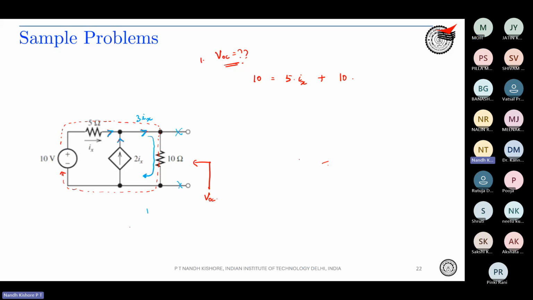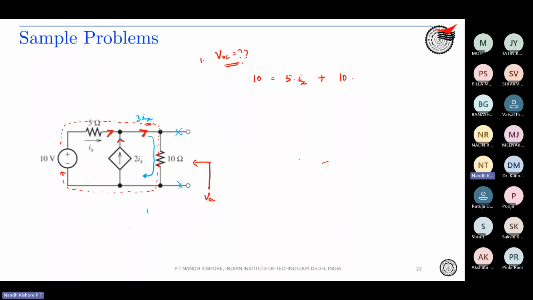So 10 is equal to 5 into Ix plus 10 ohm into the current through the 10 ohm resistor. This current is going to be 3Ix, because Ix is coming over here and 2Ix coming over here, so the total is 3Ix. So 10 into 3Ix. You get 5Ix plus 30Ix, which is 35Ix.